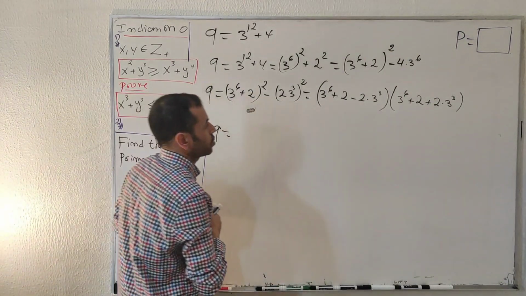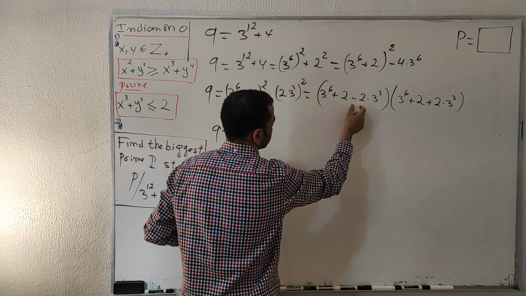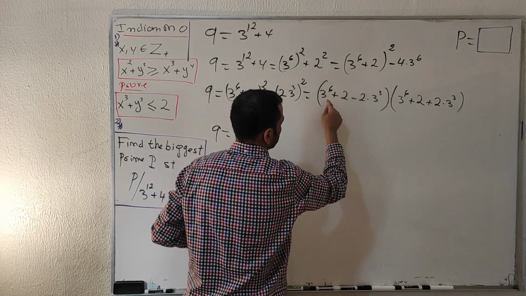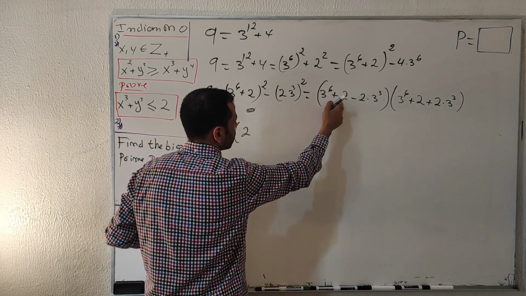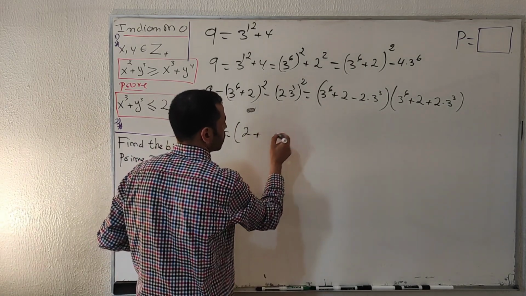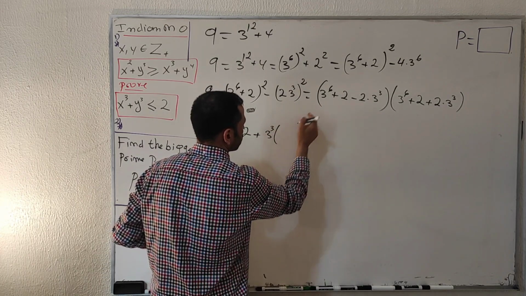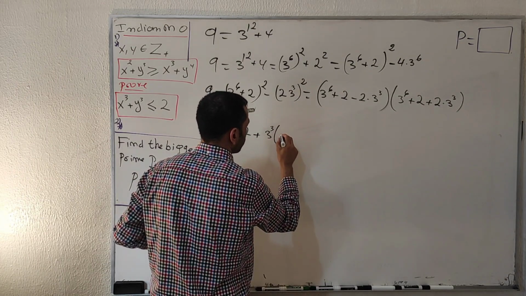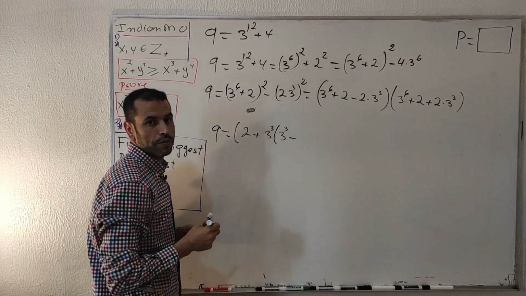I'm simply going to simplify this expression by taking 3^3 as a common factor. So putting 2 as the first term, I will get 2 plus 3^3 times (3^3, multiplied by minus 2).